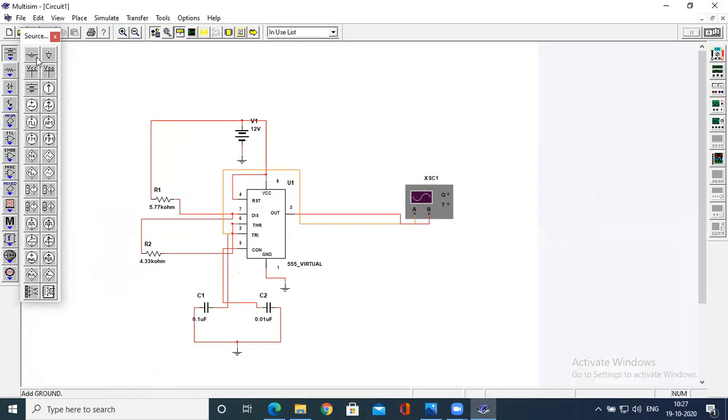And take one more ground and connect it to the ground.